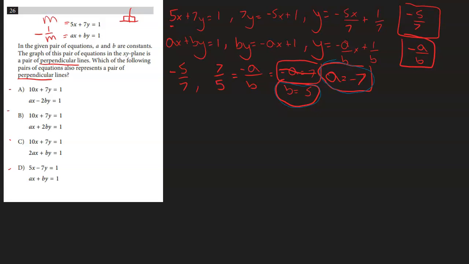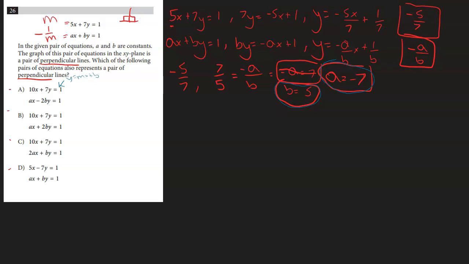Well, we can check that these have the same inverse relationship that perpendicular lines should. The way we can do that is by plugging in these numbers. Through the first example, we have to make this y equals mx plus b.